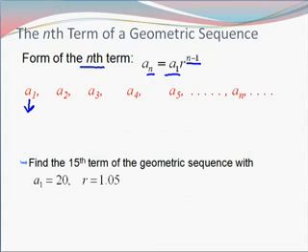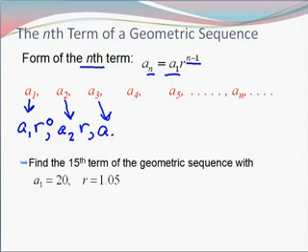For a1 to be written as a product with this power, r is going to have to be raised to the 0 power. That's where your n minus 1 comes in, because we want a1 to be standing on its own for the first term. So a2 is going to be a1 times r, a3 is a1 times r squared. Oops, sorry, those should be ones.